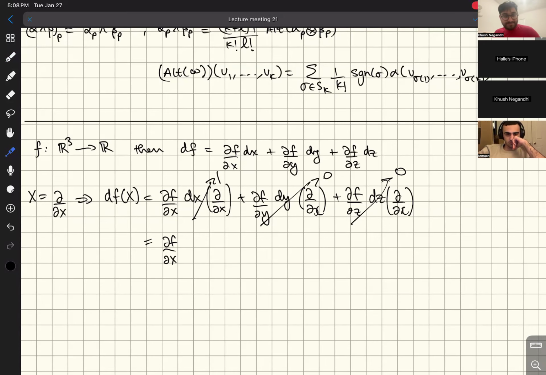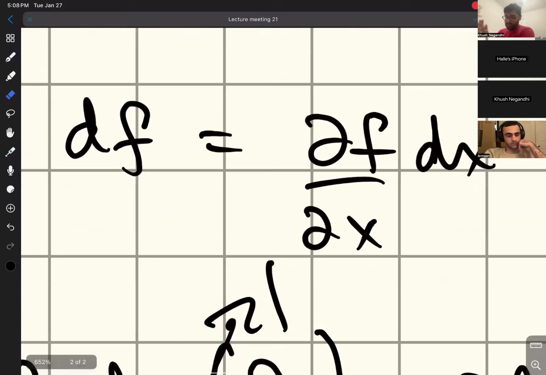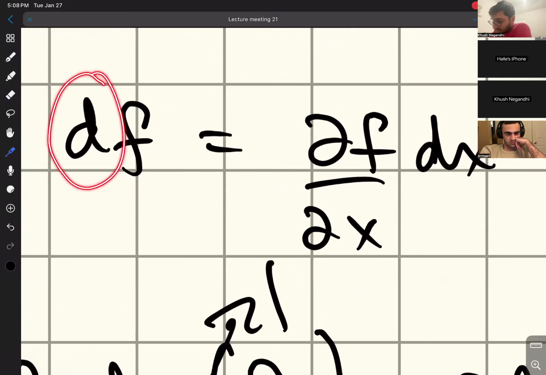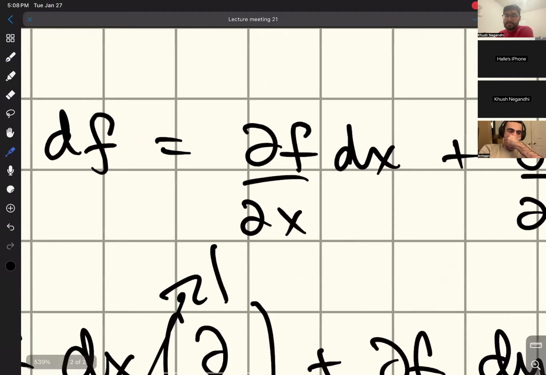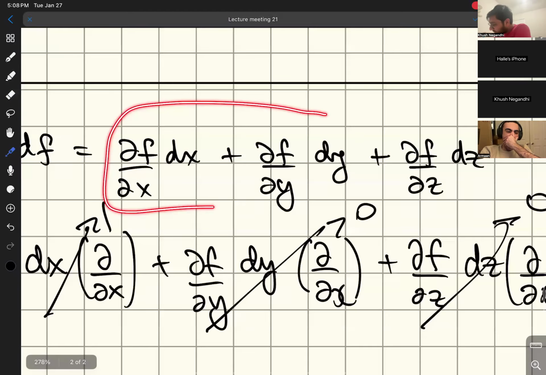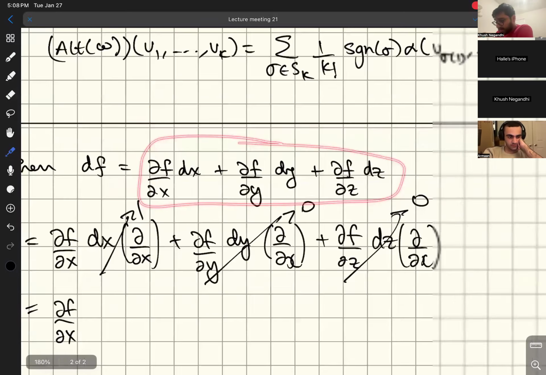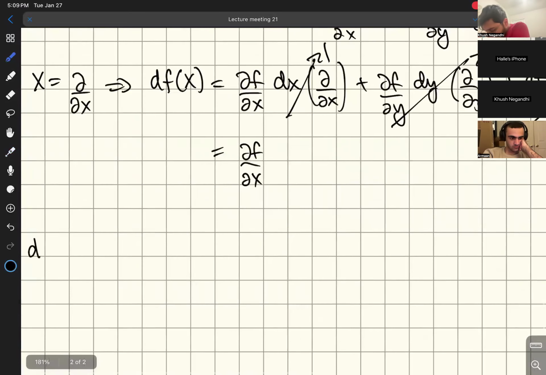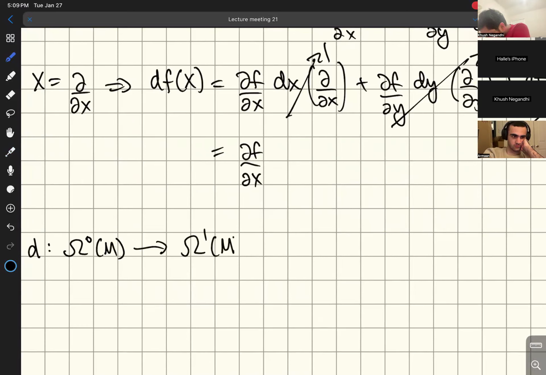Okay. So we took a zero form. Remember, smooth functions were zero forms. We applied this mysterious d and we got out a one form, right? So d took a zero form and spat out a one form.